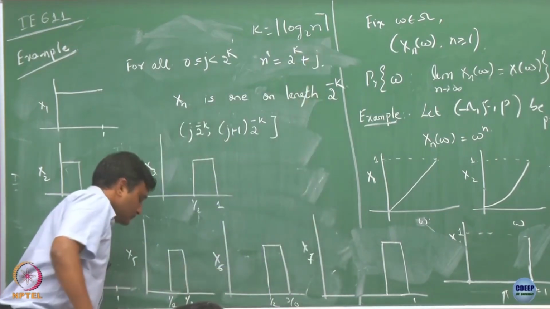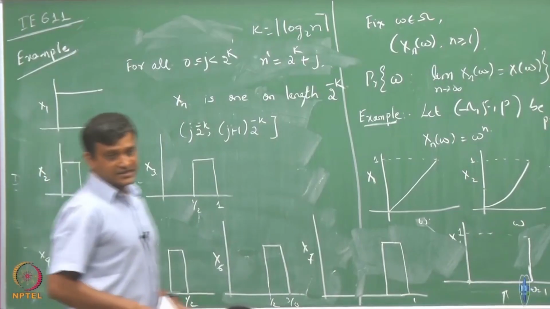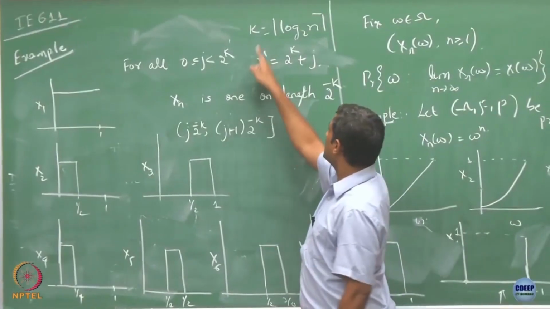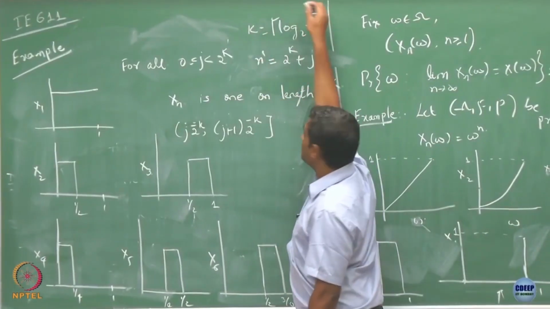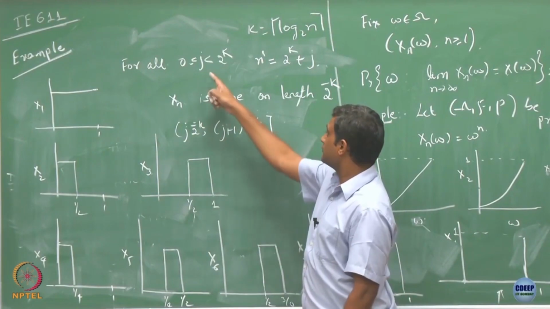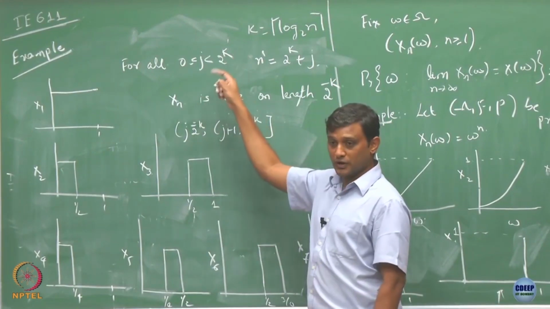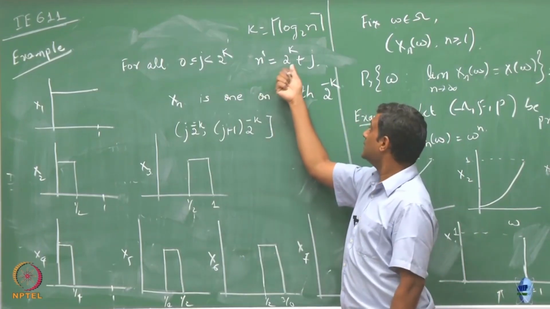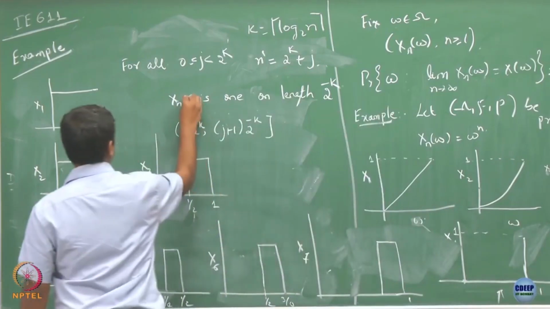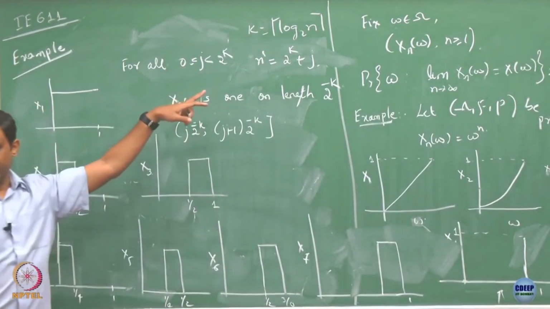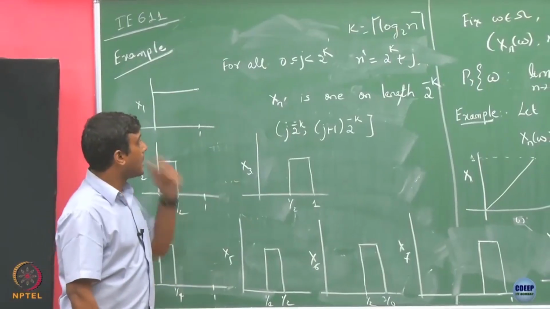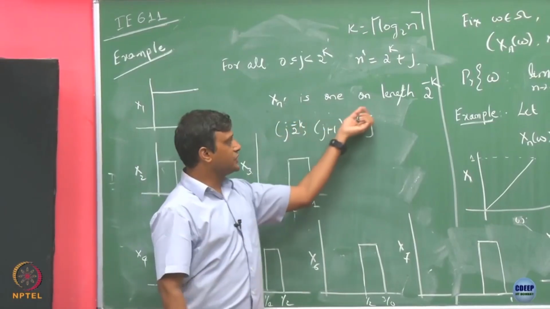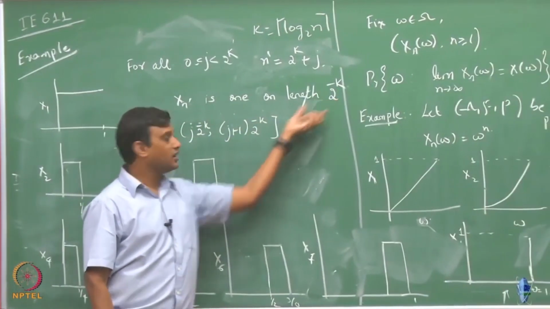So let us take n, and then let k be the logarithm of that, and then let j go from 0 to 2^k, for all the indices which are between 0 and 2^k, 0 included. The n-th index will take value 1 on an interval of length 2 to the power minus k.